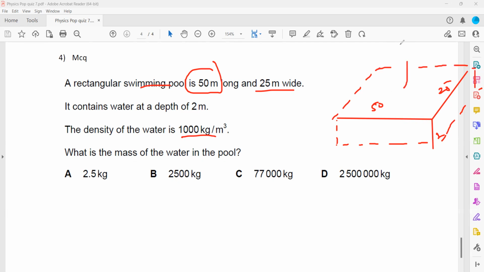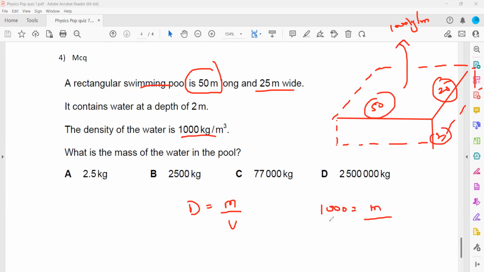We need the mass of the water inside. So density is equal to 1000 kilogram per meter cube. We have the formula that density is equal to mass divided by volume. So if we need the mass, it's density times volume. Density is 1000. Mass we don't know, but what about the volume? We have the dimensions 50, 25, and 2, so we multiply them.